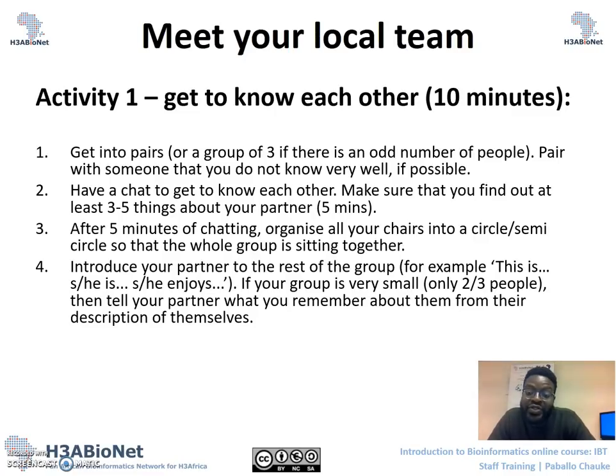You're going to do this for 5 minutes, and after 5 minutes of chatting, I'd ask that you organize all your chairs in a circle or semicircle so that the whole group is sitting together. The point of that is, in psychology or in philosophy in most cases, a circle represents equality. As you can see in my hands, when something is round, there's no top and bottom people, like in a triangle. Or like in a square, there'd be inequality because there'd be the top and the bottom.